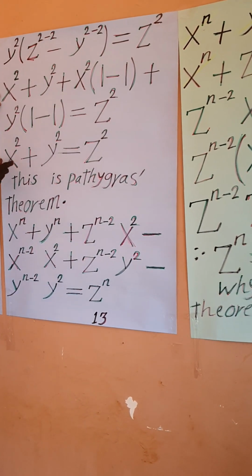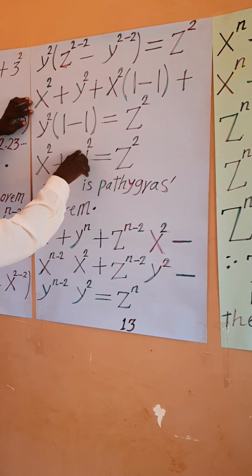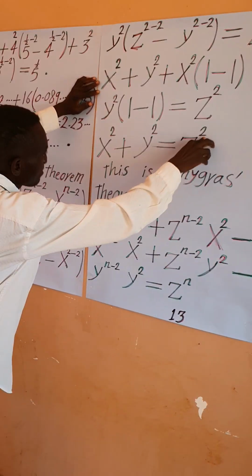Because of that we get x to 2 plus y to 2 equals z to 2.